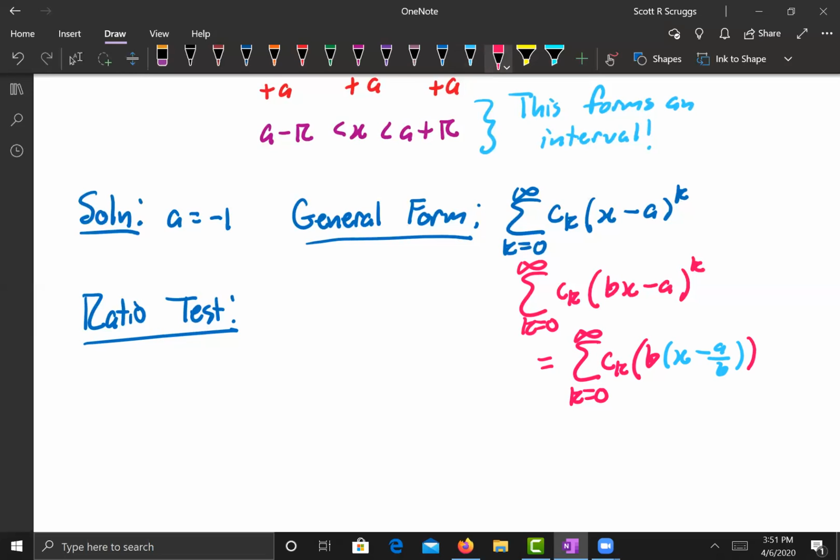Still being raised to the kth power, which means now I would have the sum as k goes from 0 to infinity of c_k.